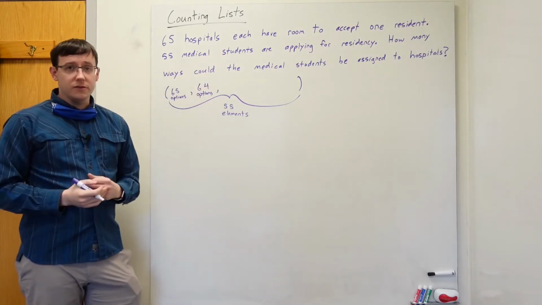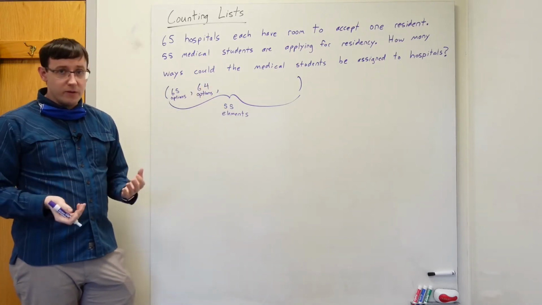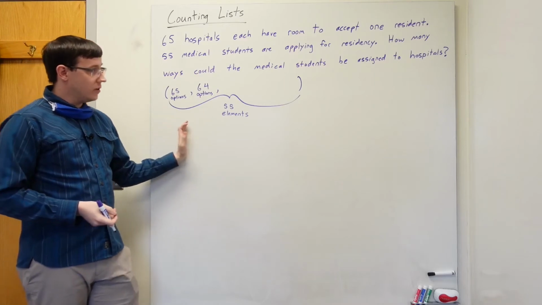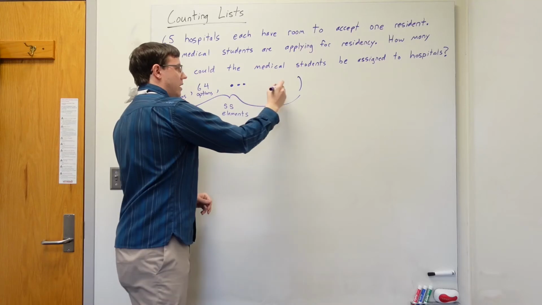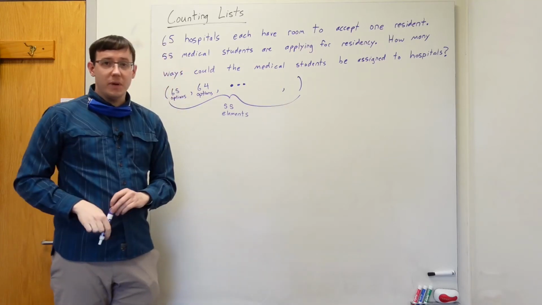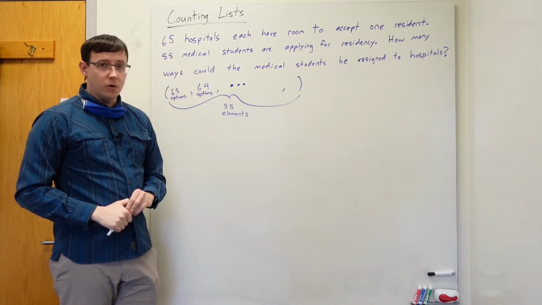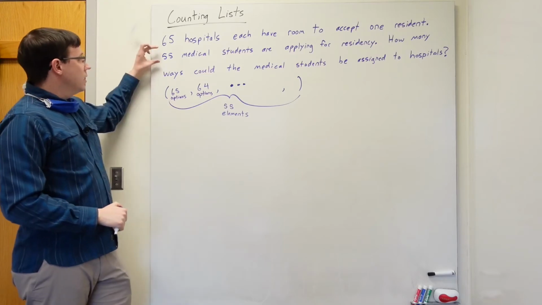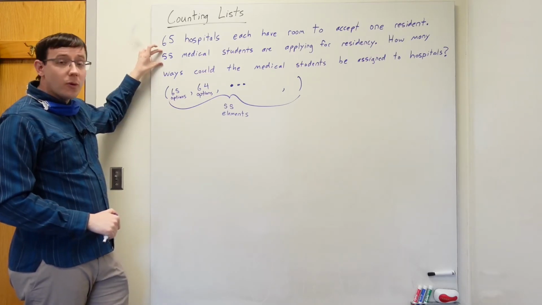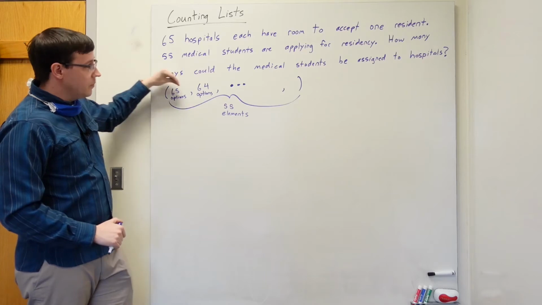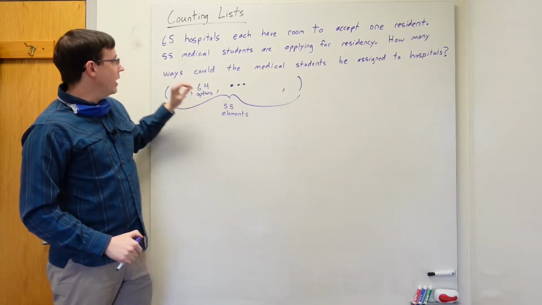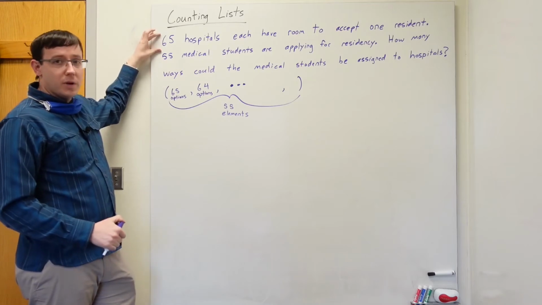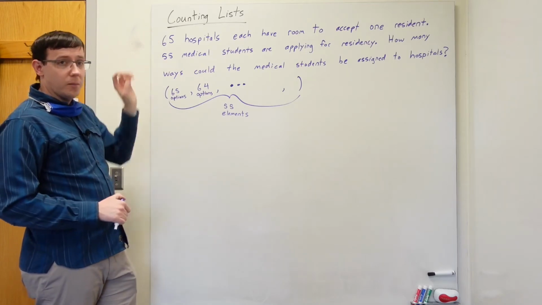For the third medical student, we'll have 63 remaining options, and so on until we get to the last medical student, for whom we will have taken up 54 of the options already with the previous assignments, and so we will have 11 remaining hospitals to choose from.